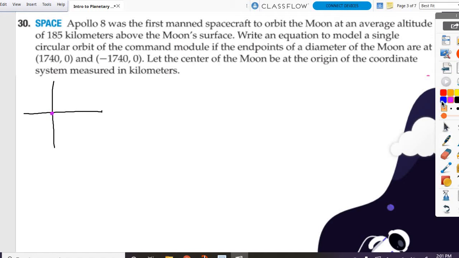So here in this case, we know that the center of the moon is at 0, 0. And then they tell us that I also have a point at 1740, 0, and in the other direction, it will be at negative 1,740.